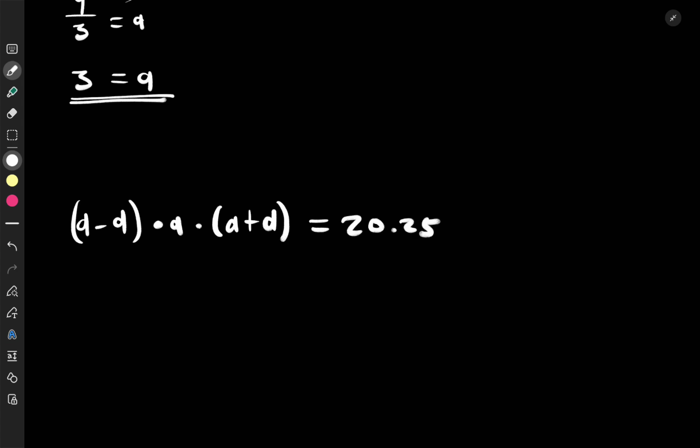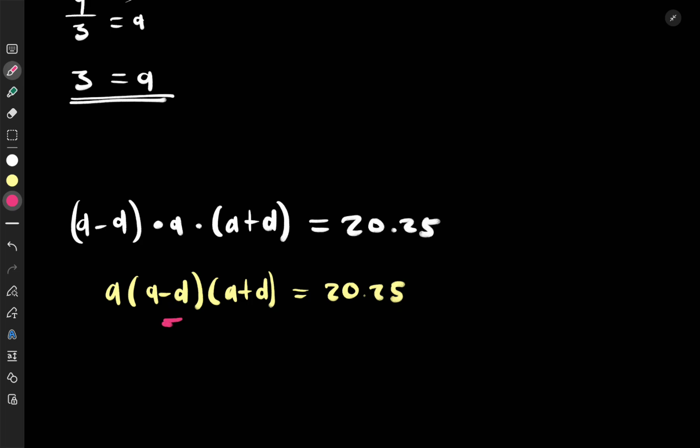Let's see how good you are at products. This guy is just an A, so we can put him in front: A multiplying A minus D in brackets, which is multiplying A plus D in brackets, and this is 20.25. Never make a mistake here. Be very careful, because these terms are multiplying, so you put them in brackets like that.